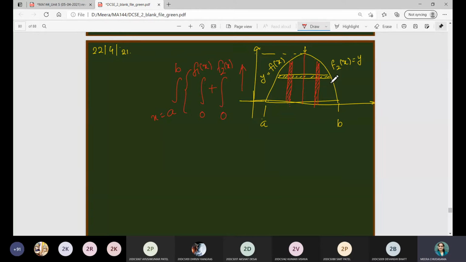Changing of order can be considered by whatever the existing strip is. Suppose it is vertical in nature, then changing of order can be done by considering the perpendicular strip, and accordingly you know how to decide the limits of the x variable and y variable, right?